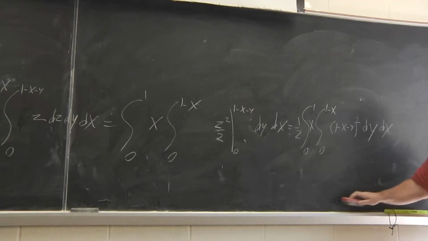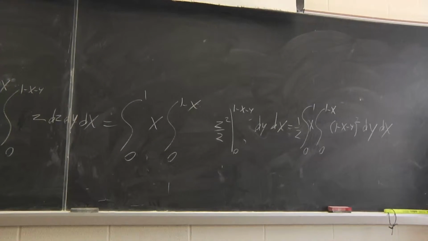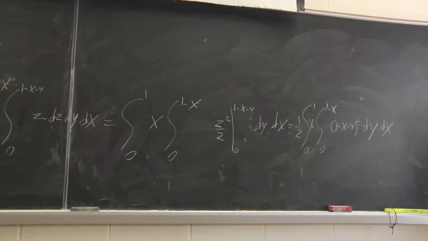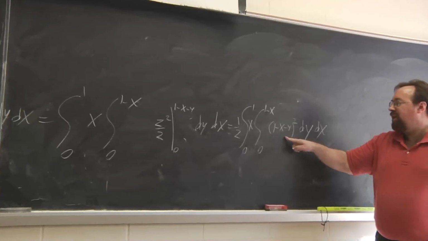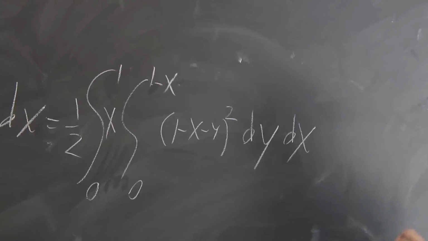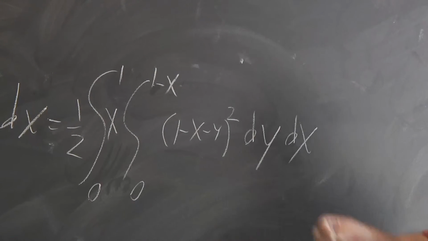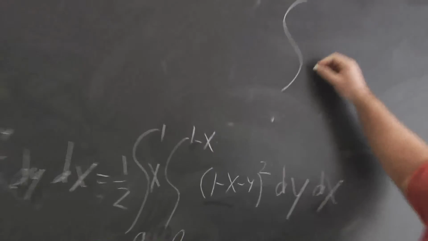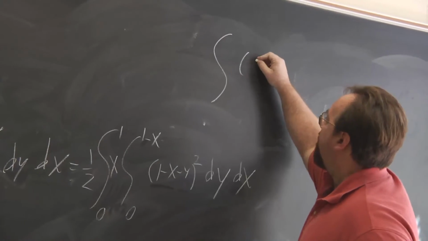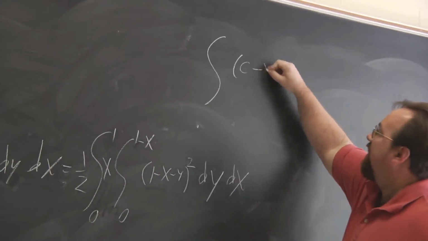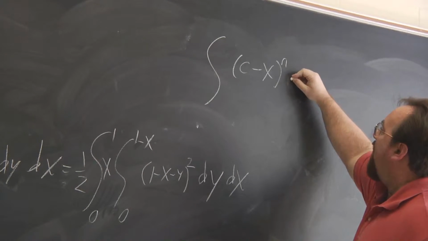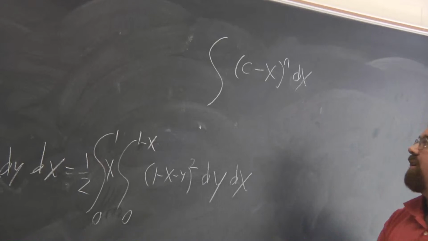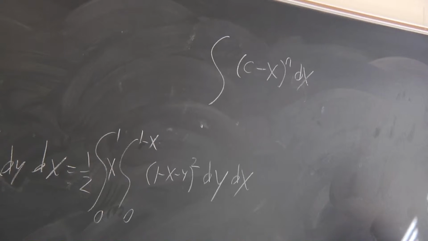Okay. Now we need to integrate this with respect to y. What we could do is multiply all this out, but we don't actually need to do that. As a convenience, if I have a constant c minus x raised to a power, and I want to integrate that with respect to x, just in general, how would this go?